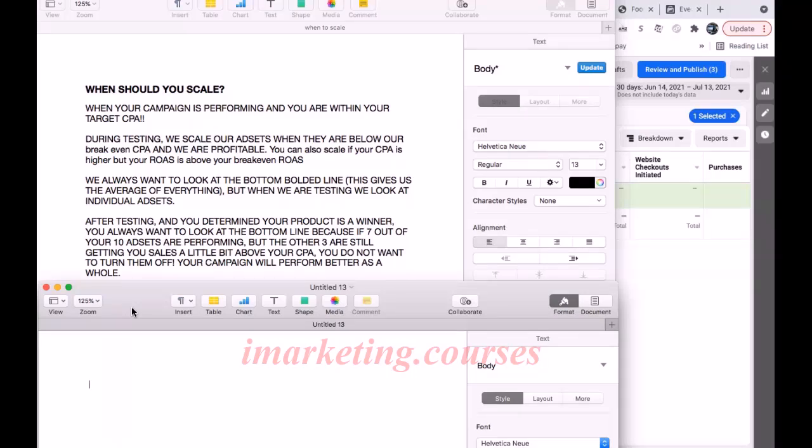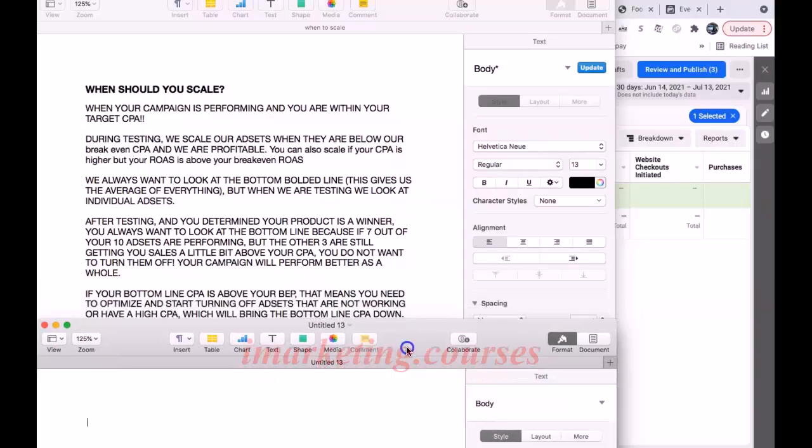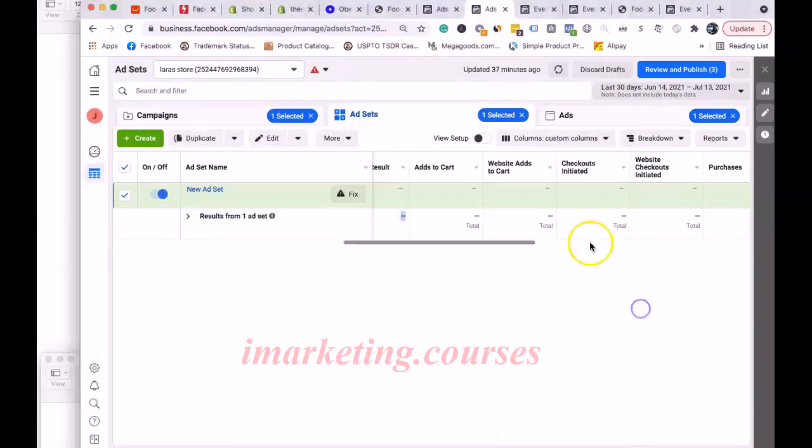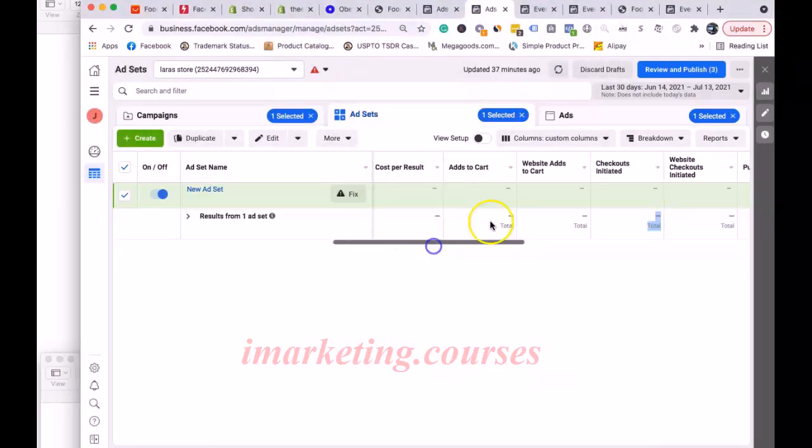For example, if we're testing a product, we have 10 ad sets and we're letting it run, and the product got, say, three sales, we don't really care to look at the bottom bolded line because we know this product is a doozy and it's not going to work out, right? So when we have a winning product, we always make decisions based on the bottom bolded line, okay?